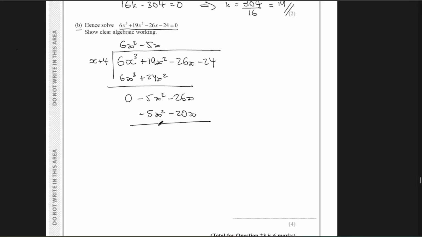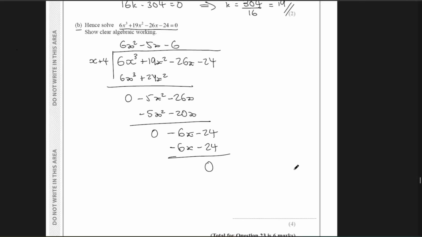And if we subtract, we get 0 for the first one, minus 26x plus 20x, which is minus 6x. And then we'll have to bring the next term down, which is minus 24, and multiply again. So x times minus 6 will give us minus 6x. And we'll have to multiply plus 4 with minus 6, which gives us minus 24. And this time, everything is cancelled and we get 0.